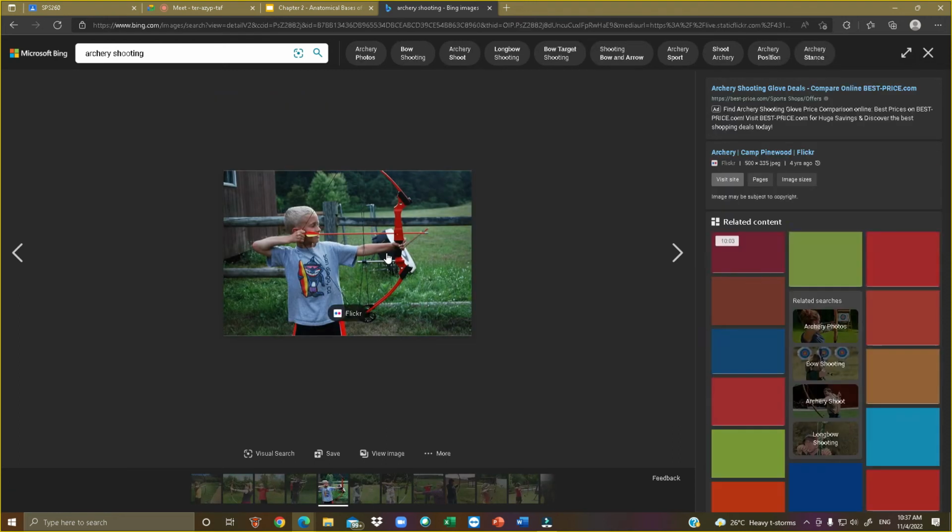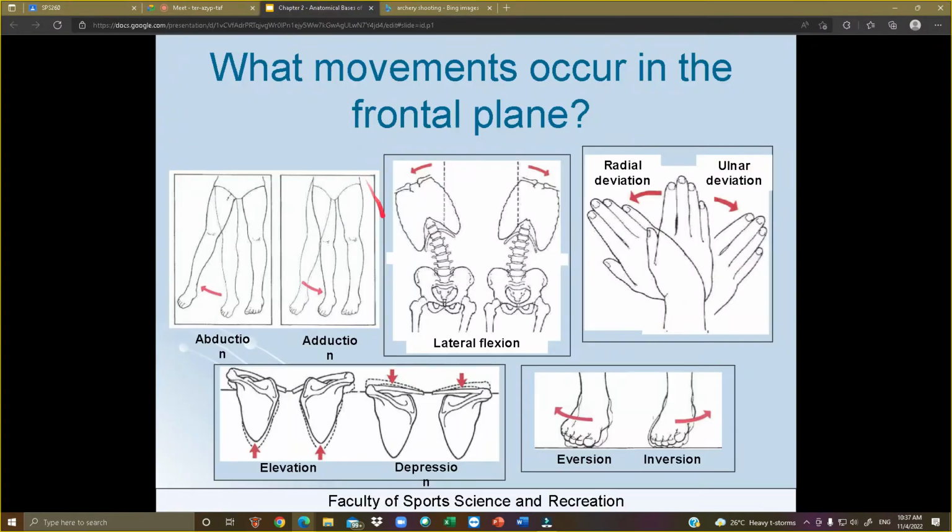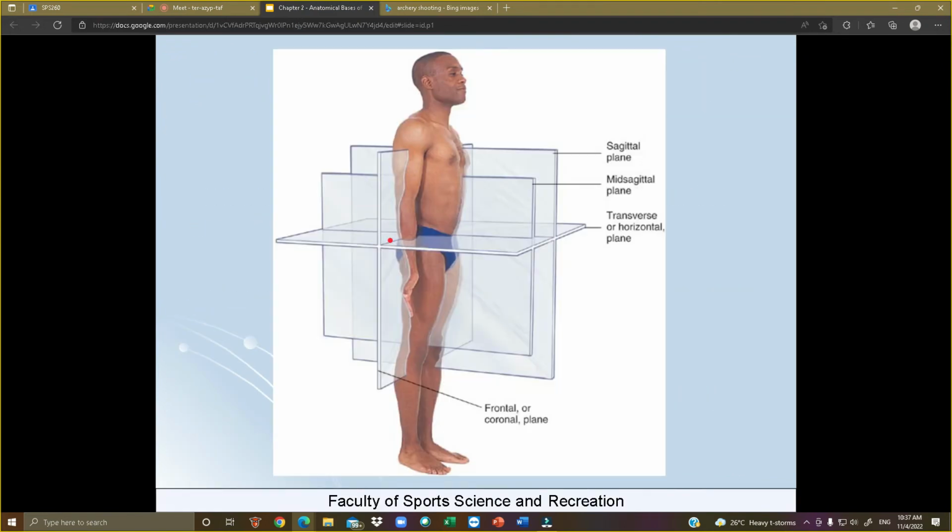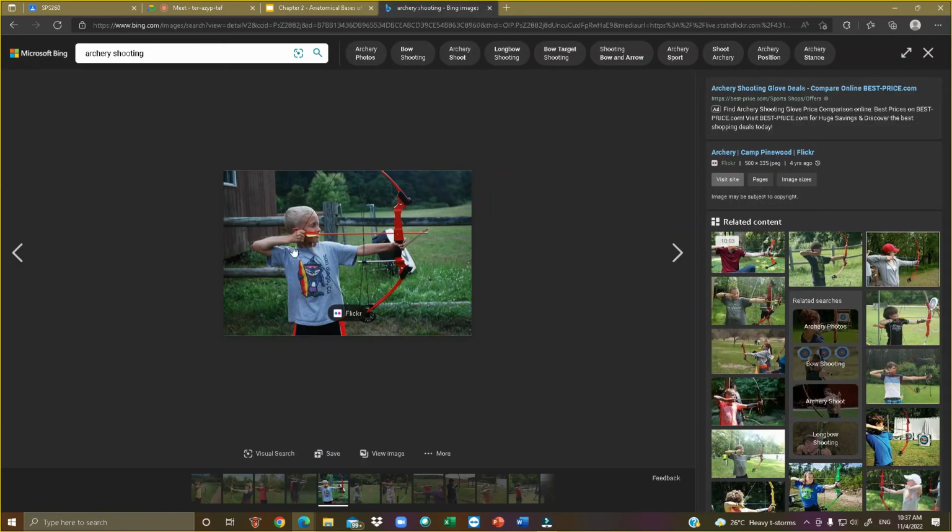Okay, try to remember this one. If we see anatomical human position, kalau kita tengok sini, sagittal plane bahagi kiri kanan, frontal plane bahagi depan belakang. However, in archery, this is actually sagittal. Okay, kalau tadi sagittal kita bagi dua macam ni, betul? Sagittal tadi kita bagi dua, kita cerita kiri dan kanan. Is it true?